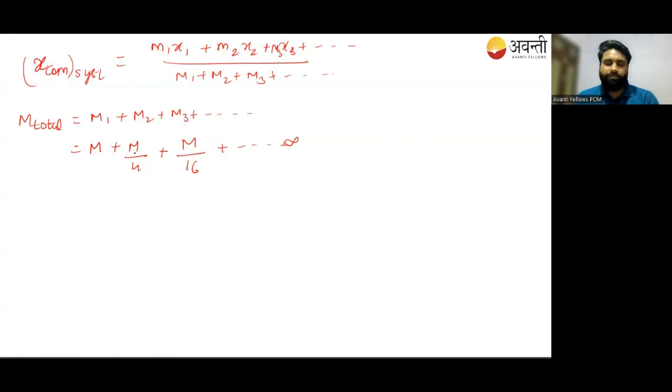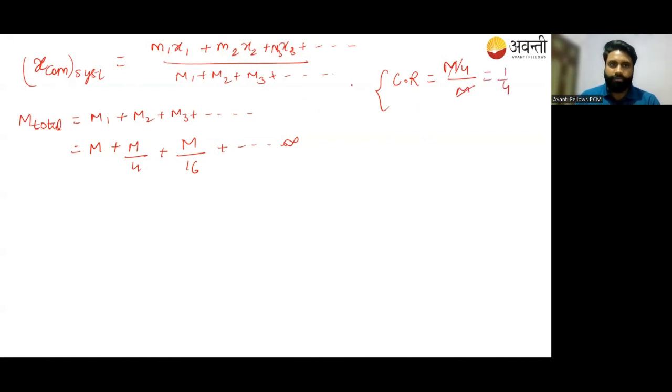If you see this carefully, this is the GP that you would have, with common ratio, if you divide this term by this term, M by 4 divided by M, of 1 by 4.